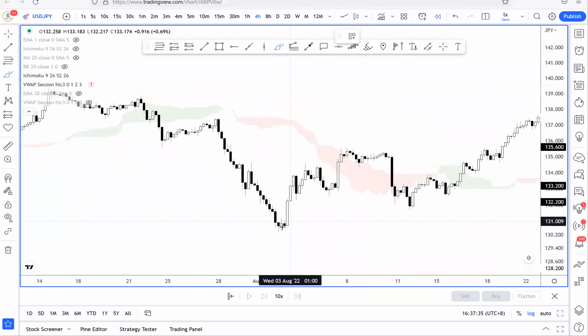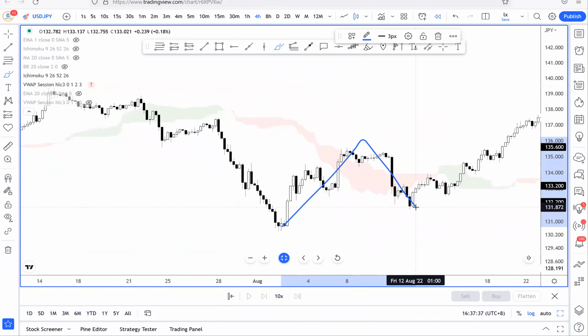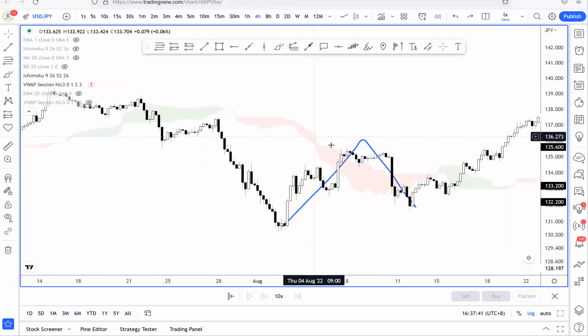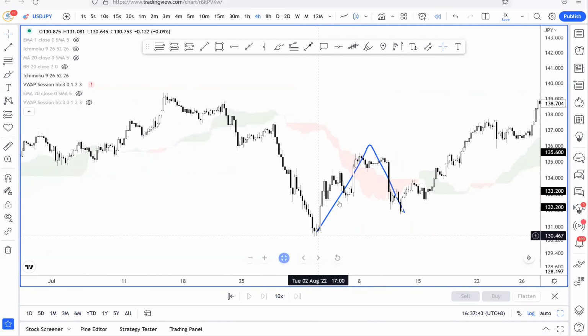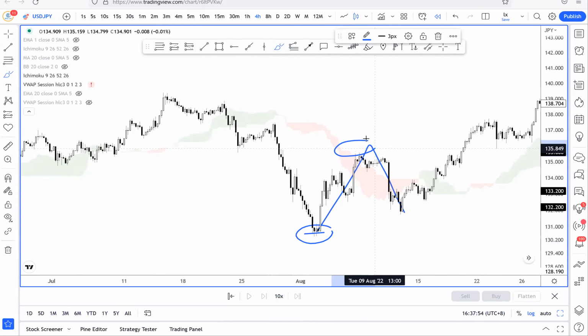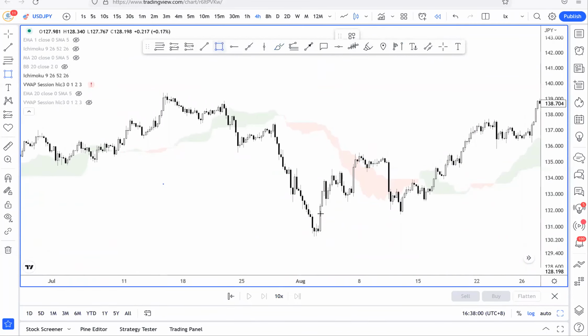If we see a push up here and then a pullback over here, and you want to use Fibonacci retracement to find support, essentially this would be the low that we're taking, and this is the high here. In this example, this is probably the support area that I would use, so of course, this region here.